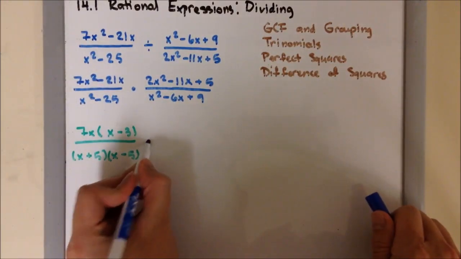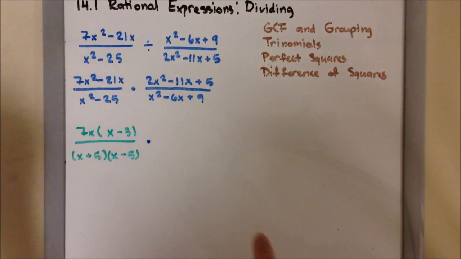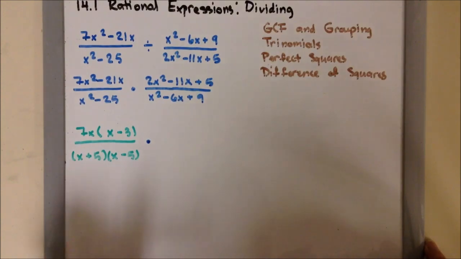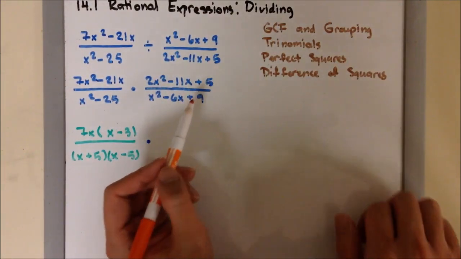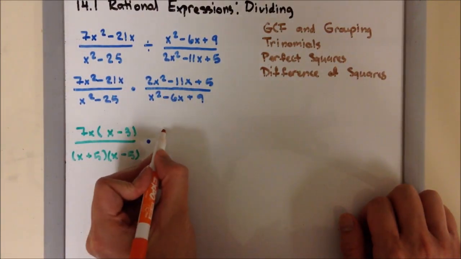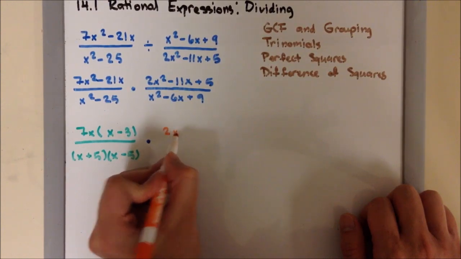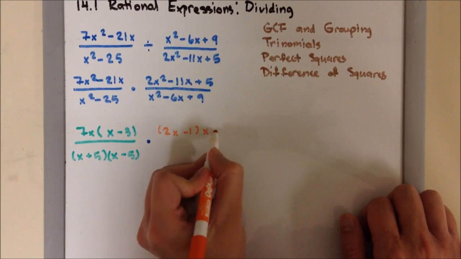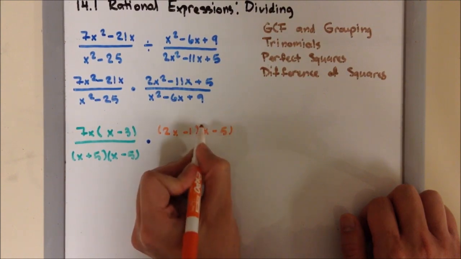I just finished factoring the first fraction. Now let's start factoring the second fraction. In the numerator of the second fraction, 2x² − 11x + 5 is going to be (2x − 1)(x − 5).